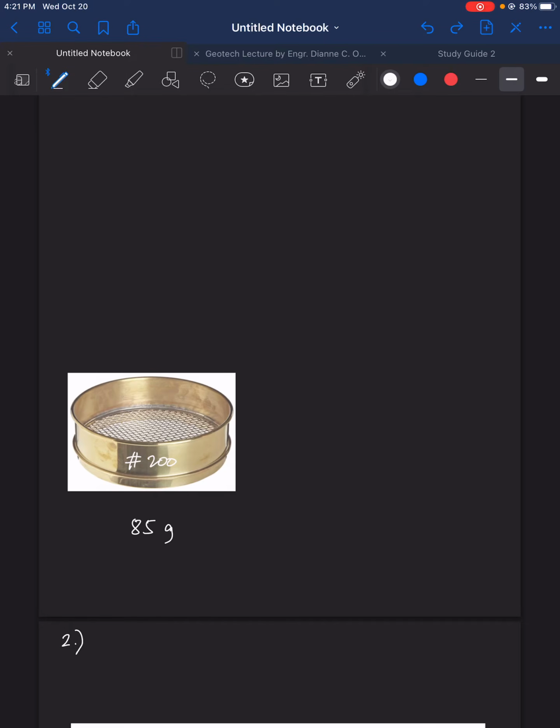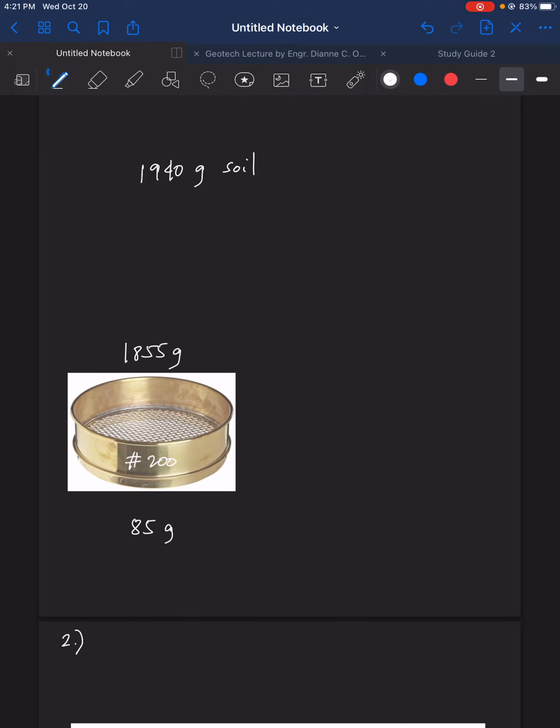So, what we put here is 1940 grams of soil. How many grams of soil is retained? That is 1940 minus 85, so this is 1855 grams retained.